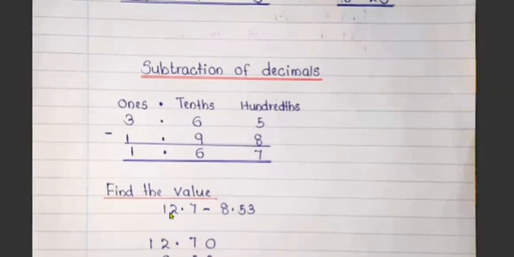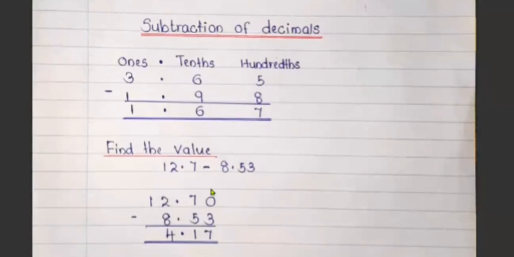Find the value 12.7 minus 8.53. Hundreds, tens, ones, tens. 12.70. There is no value in this. Right? 8.53.